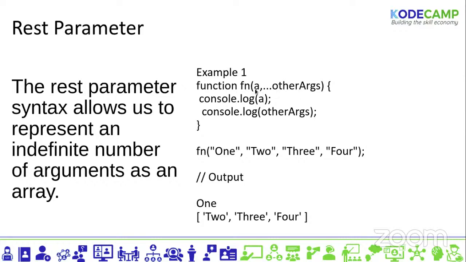So for example, here we have the first argument as a, and then we use the rest parameter here to get other arguments. So we console.log a and it gives us 1. When we console.log other args, it gives us 2, 3, and 4 as an array.